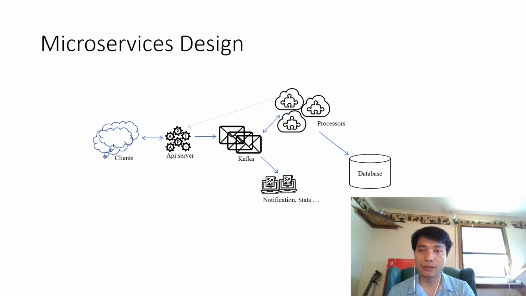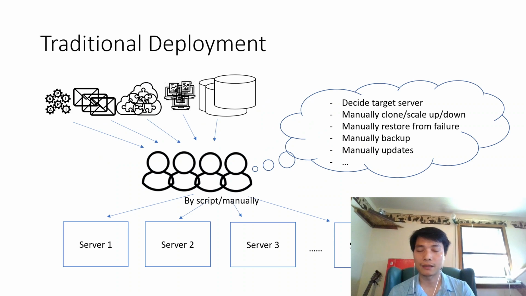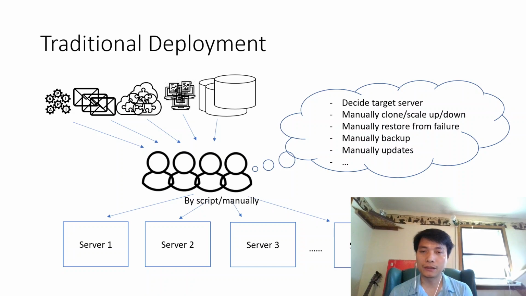Now we have a microservice, so we will deploy it on the servers. With traditional deployment, we have a lot of application units: web API units, multiple middleware units, multiple processor units, and other domains like staging, notification, probably multiple databases.